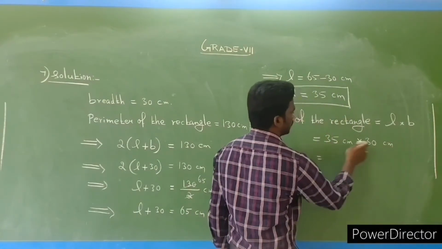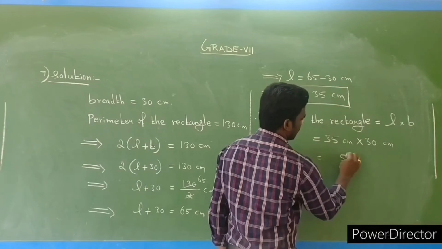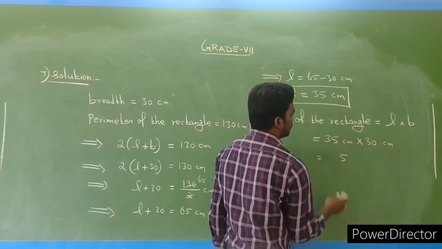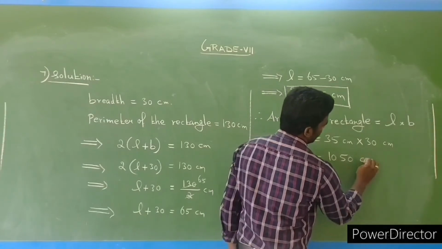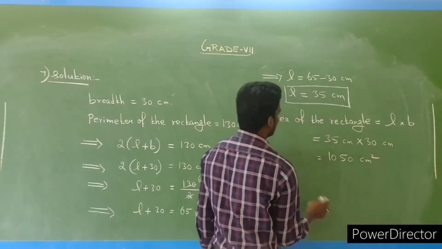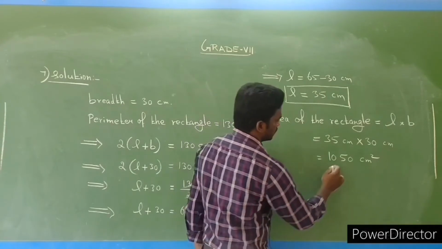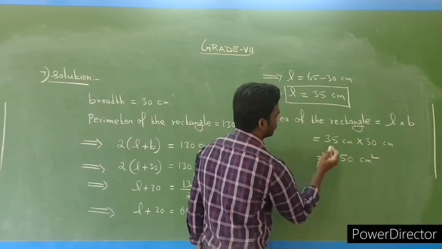So which is equal to 5 3s are 15, remaining value is 1, 3 3s are 9 plus 1, what is that? 10. So we can add this 0 also. So 1050 centimeter square. Area of the rectangle is equal to 1050 centimeter square.